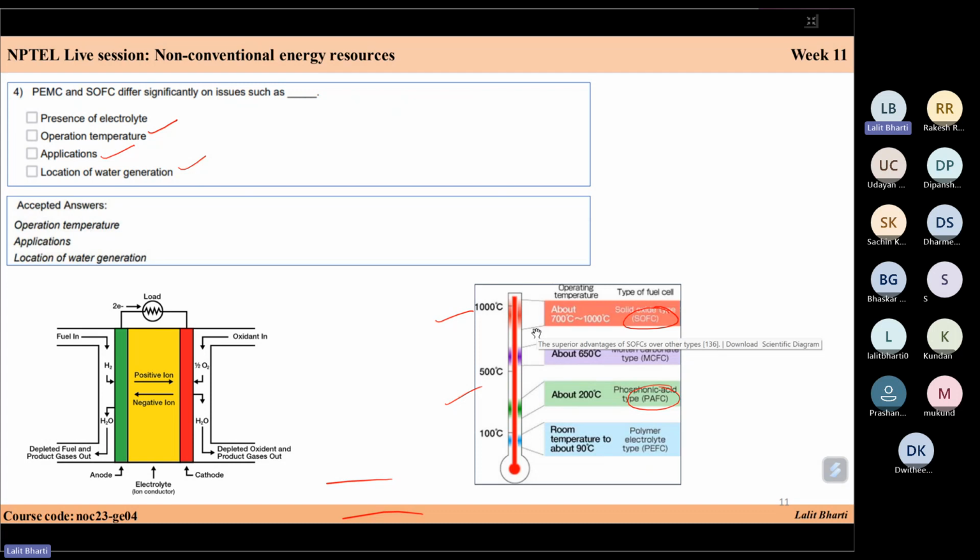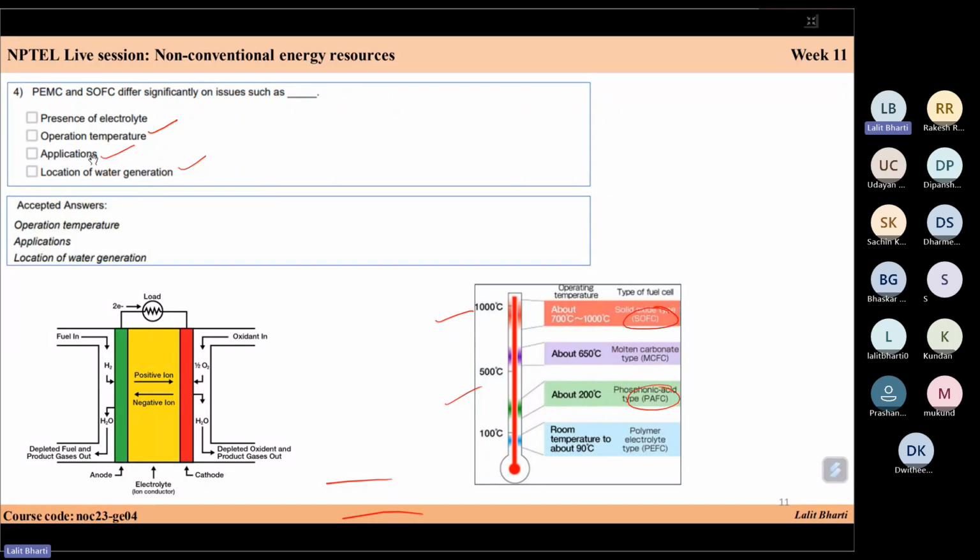So your operation temperature differs significantly, and depending on the temperature range, your applications are also different, because you cannot use the SOFC at normal room temperature applications. You need some high temperature source at the fuel cell for using this type of fuel cell.